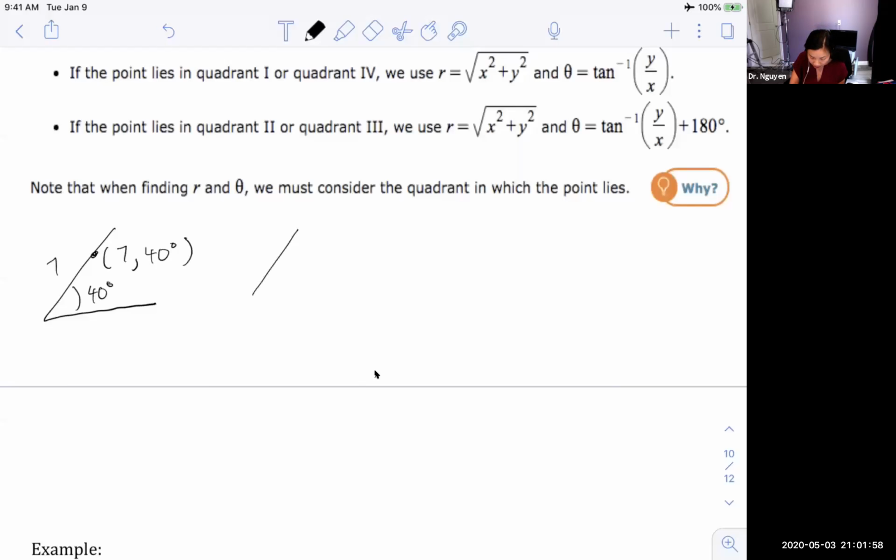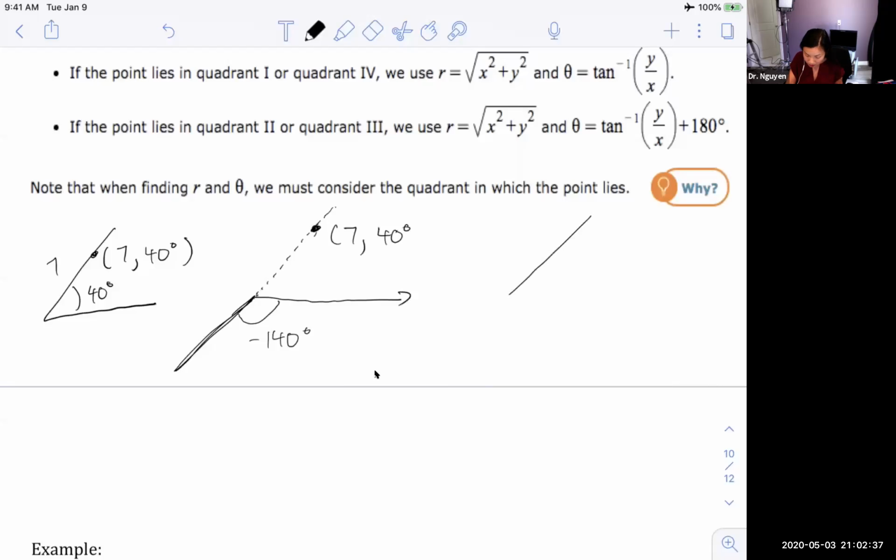However, if I have this angle right here, I'm talking about this angle, this is negative 140 degrees. But if I take the opposite, then this point is also 7, 40 degrees, right?